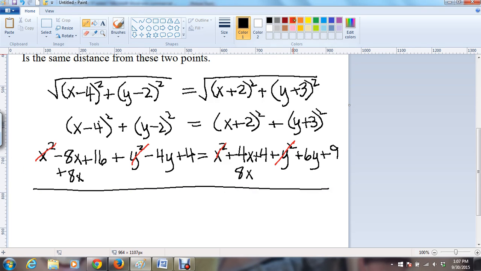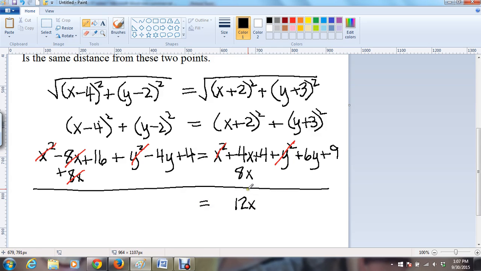So these are going to cancel. And over here I'm going to have 12x. My equal sign there. And then I've got negative 4y over here and positive 6y over here.